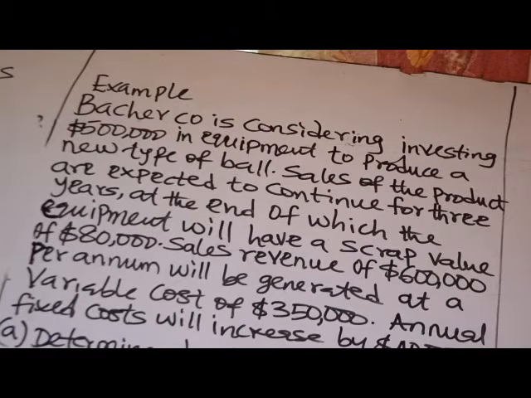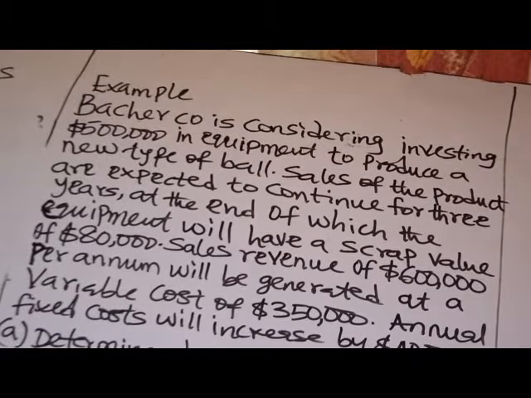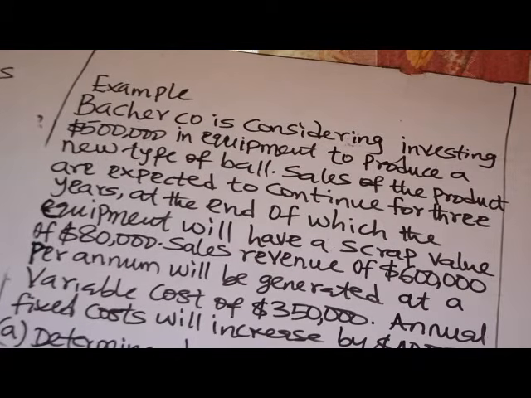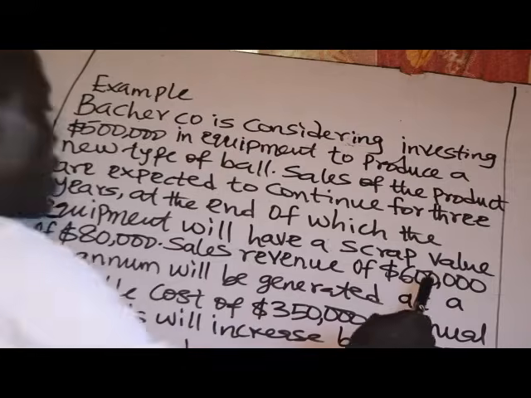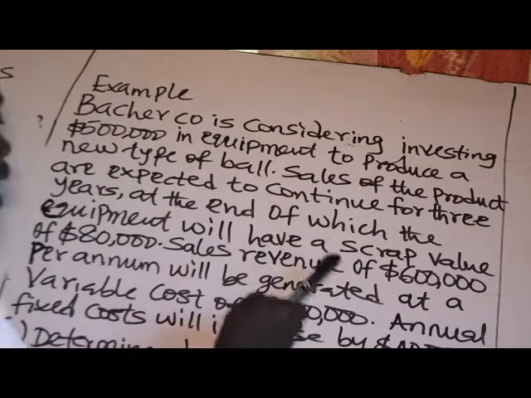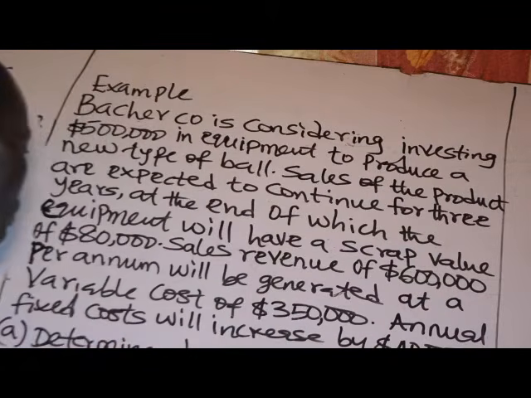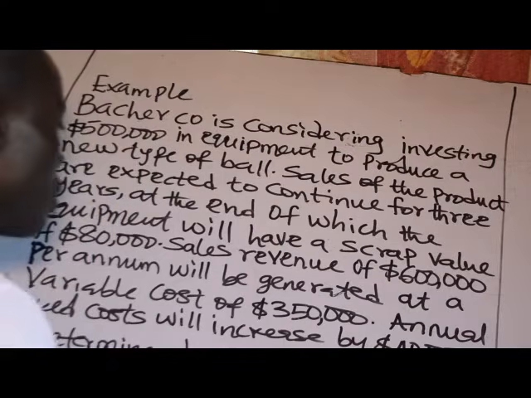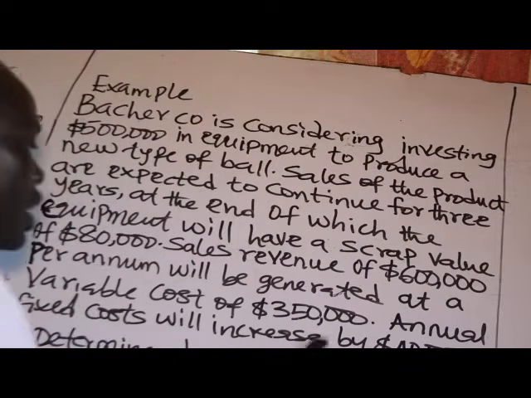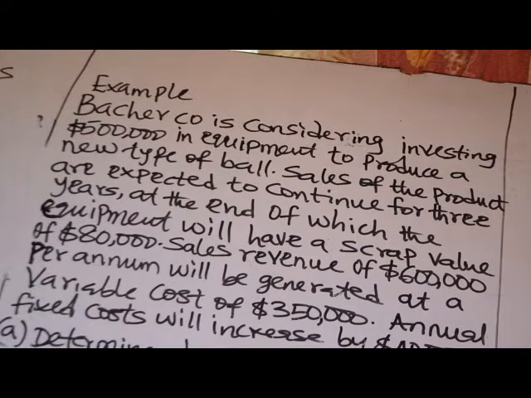Sales of the product are expected to continue for 3 years, at the end of which the equipment will have a scrap value of $80,000. Sales revenue of $600,000 per annum will be generated at a variable cost of $350,000. Annual fixed cost will increase by $40,000.